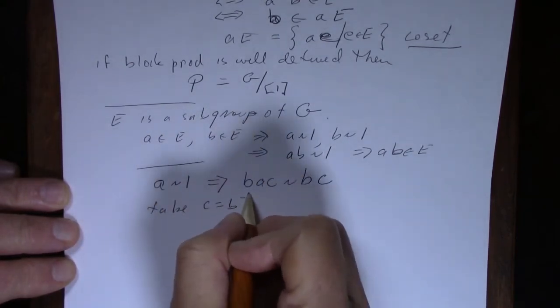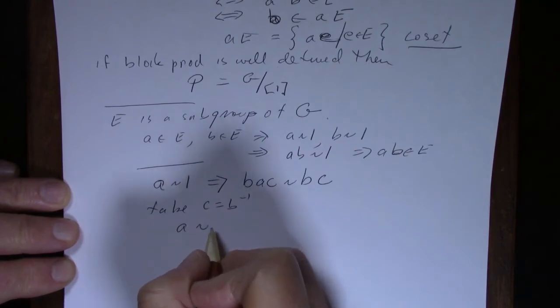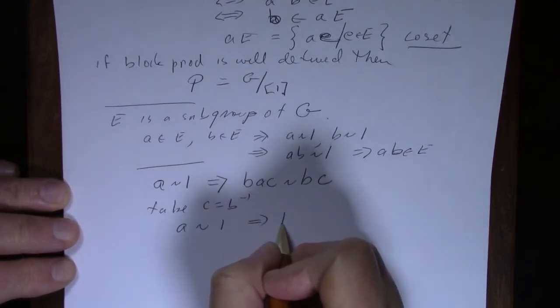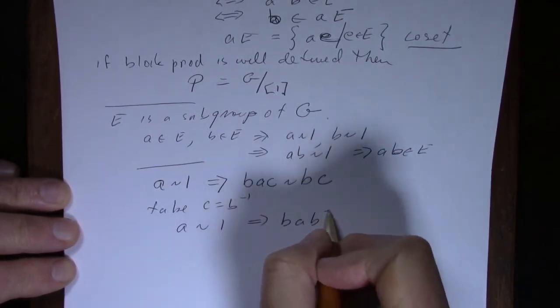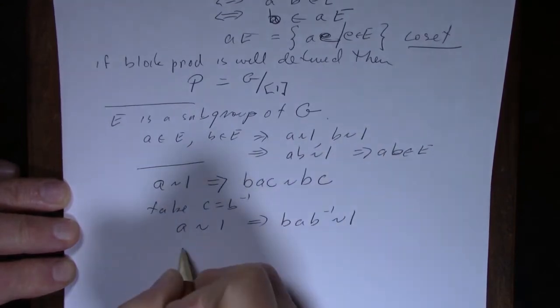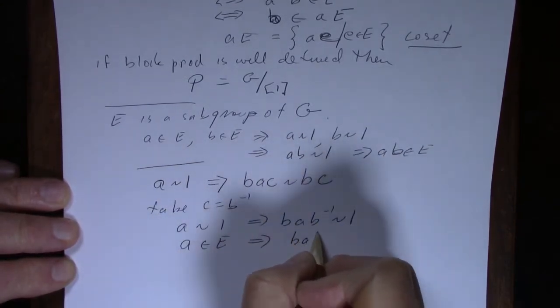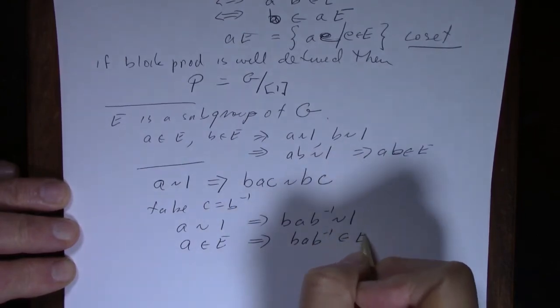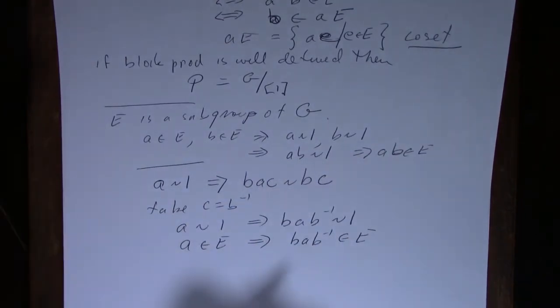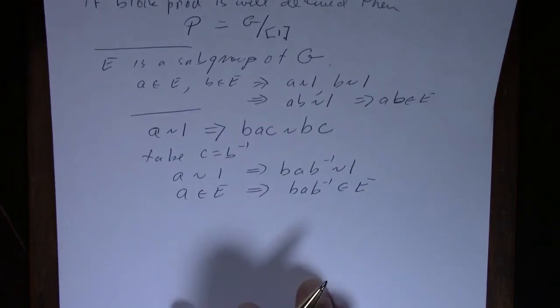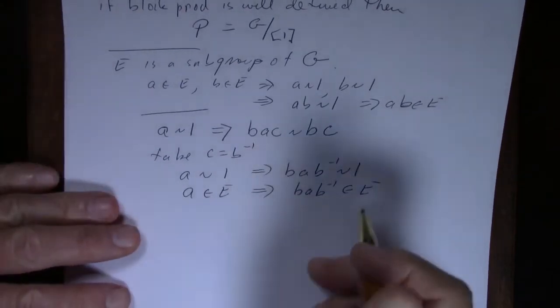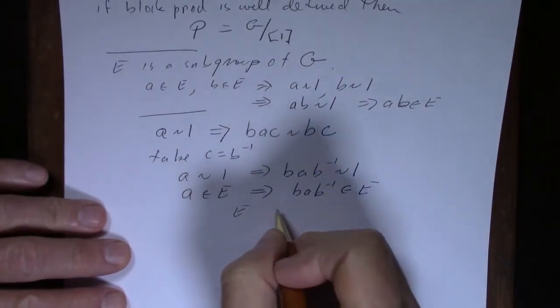And so we get A equivalent to 1 implies BAB inverse equivalent to 1. In other words, A in E implies BAB inverse is in E. And lo and behold, we have discovered the concept of a normal subgroup.